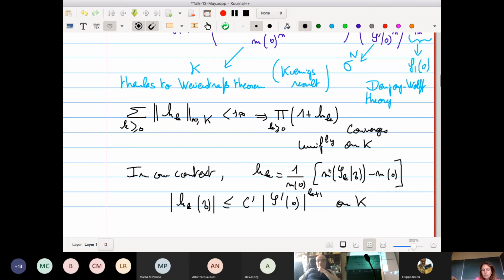And so we can prove the convergence because we have a geometric series with a term which is strictly less than 1.